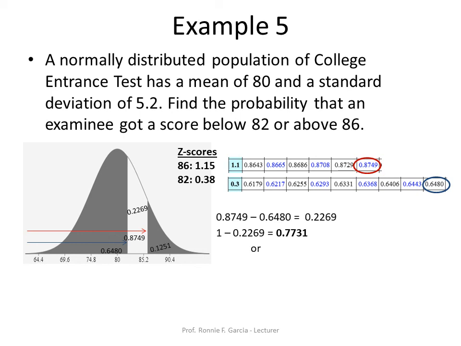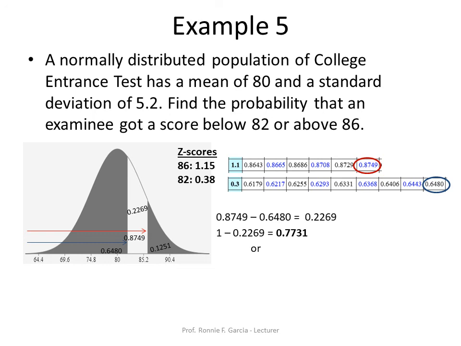Another alternate solution is we can get the remaining area that is on the right side. How do we get that one? That 0.1251. Since we already got 0.8749 as the area from the left side going to 86, what is the other part that will give us an overall area of 1? Because the overall area of the normal curve is 1. So that is 0.1251.